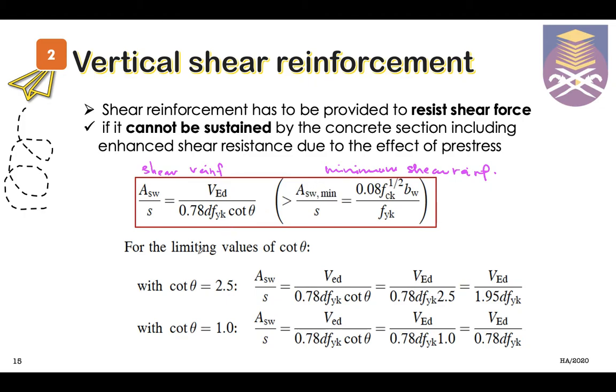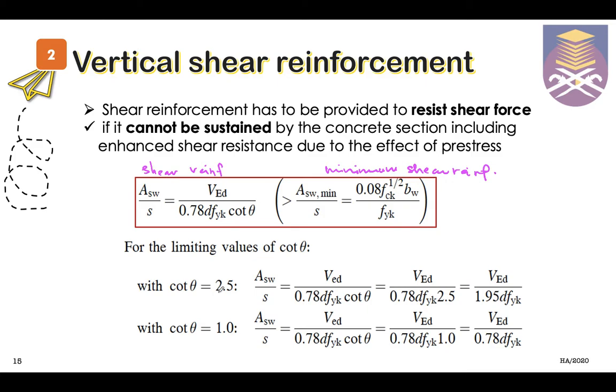So for the limiting values of cotangent theta, if we rearrange the equation, then we are going to have these two equations. However, you can simply substitute the value of cotangent theta into this equation.